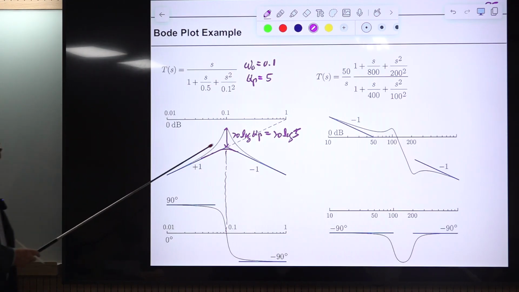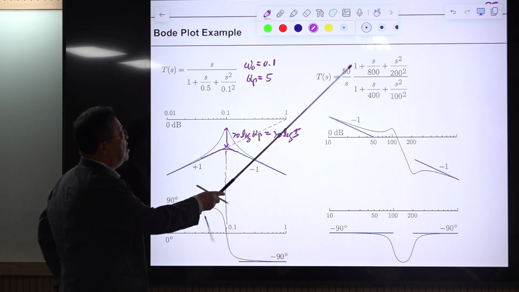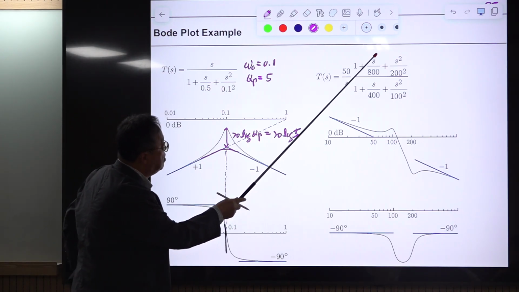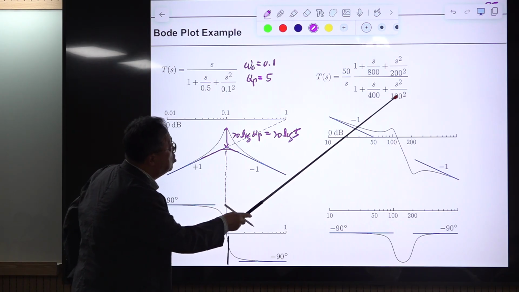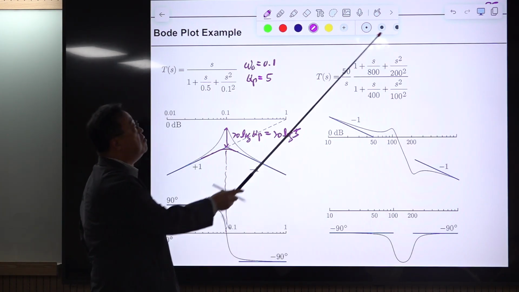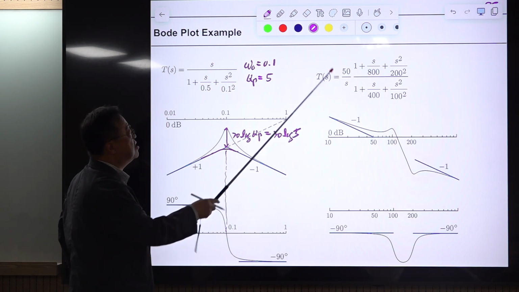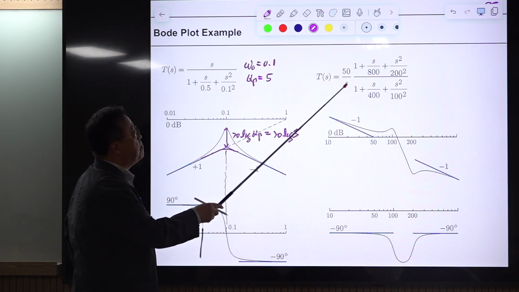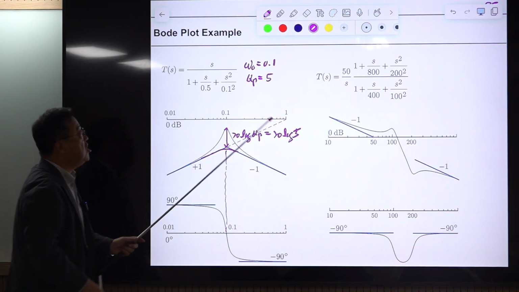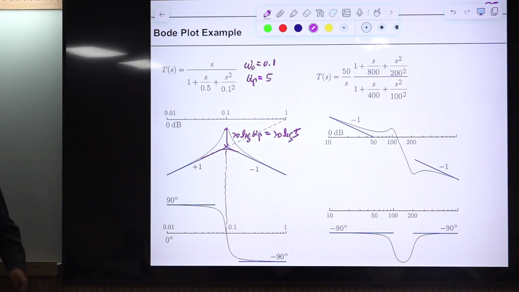Another example. This is what? This is integration, and this is a double pole, and this is a double zero, and the double pole is coming first, and the double zero comes later, and this is a pole at 0, so this should come first. So initially it starts from this minus 1 slope.